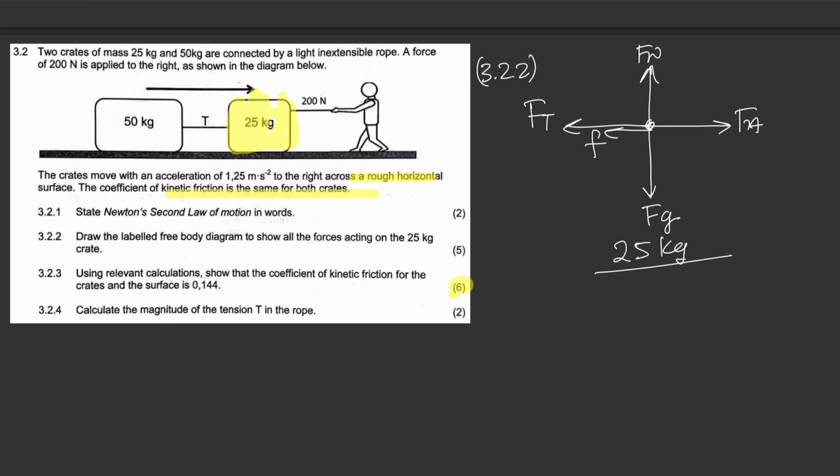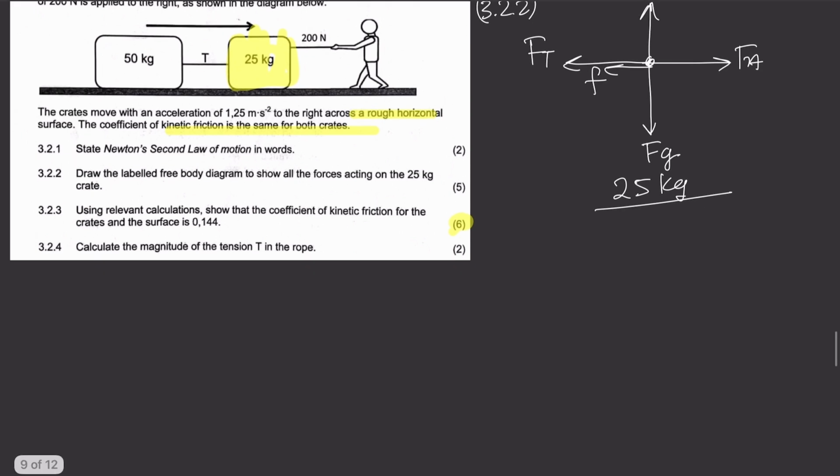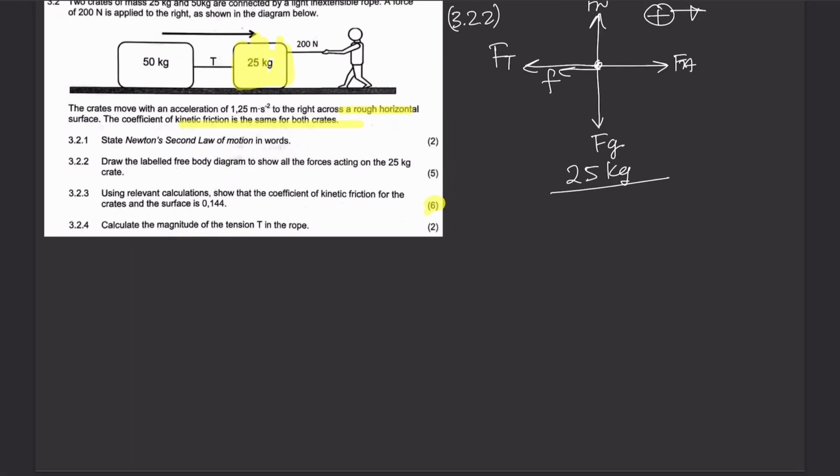We'll also need one for the 50 kilogram. We'll draw a free body diagram for the 50 kilogram block. For this block, you're going to get a tension force, a normal force, a force of gravity, and then a friction. Now, we'll apply F net equal ma to both.